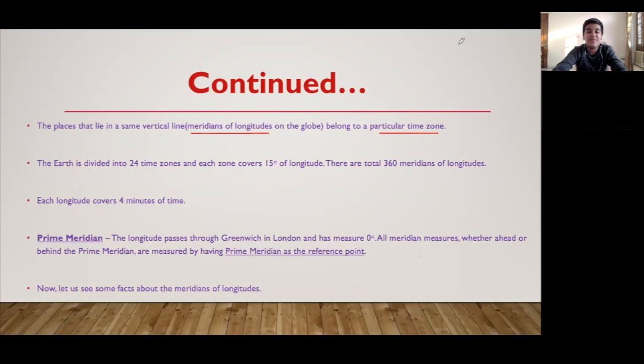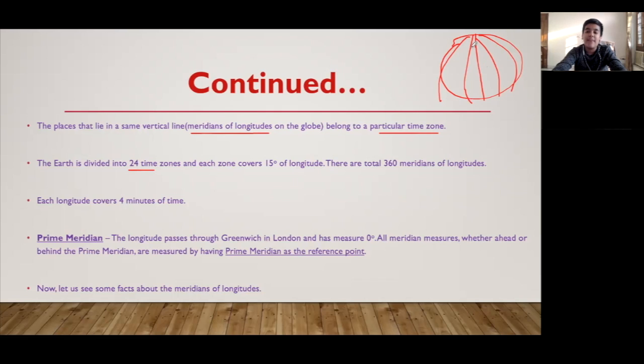If this is the round earth, then there are parallel lines running from the north to south like this. The earth is divided into 24 time zones, and each zone covers 15 degrees of longitude.